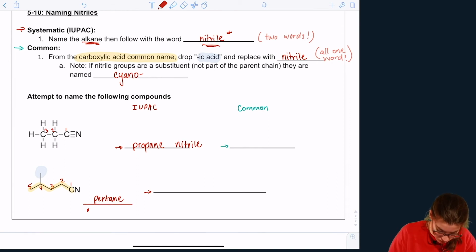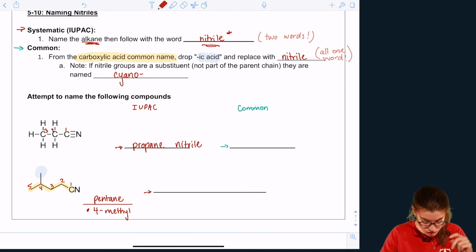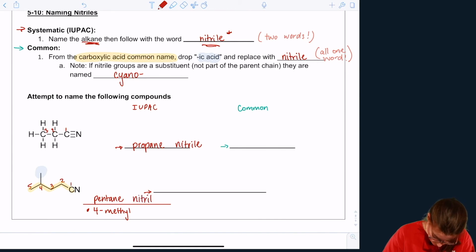And then we have a 4-methyl as a substituent. But remember, our parent name we need to follow with the word nitrile. Okay? So this is 4-methyl pentane nitrile.